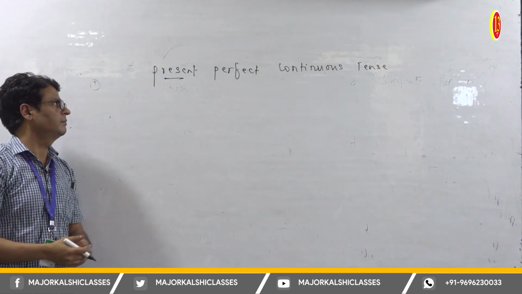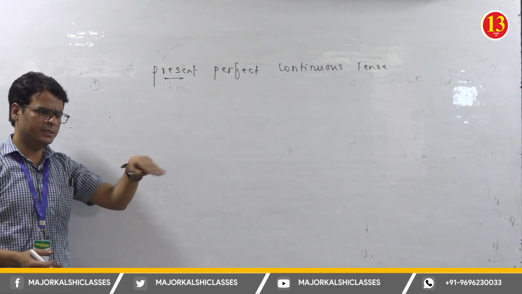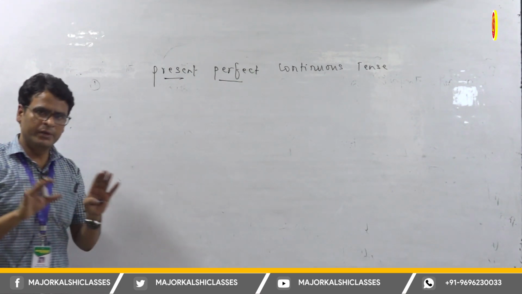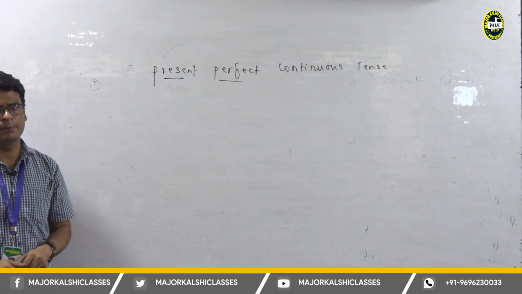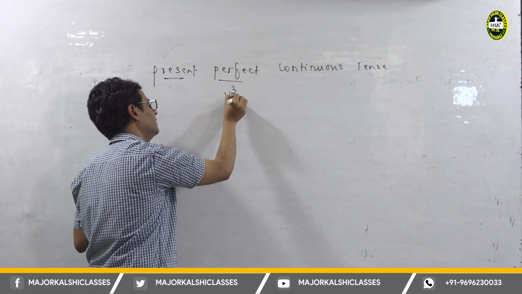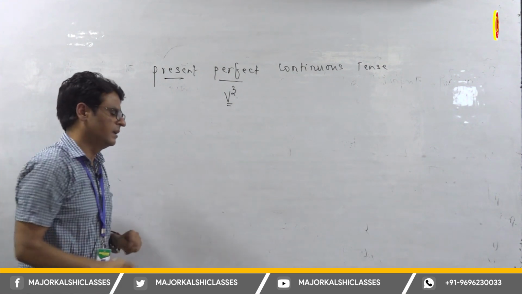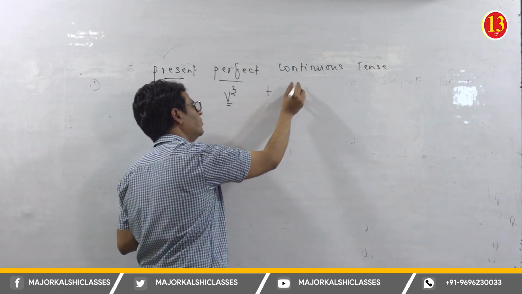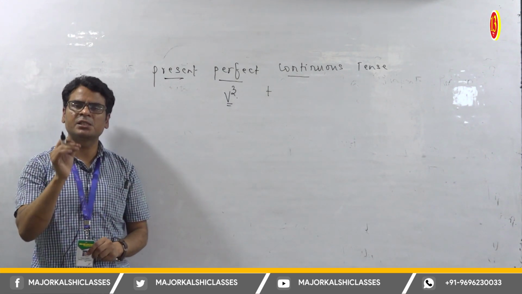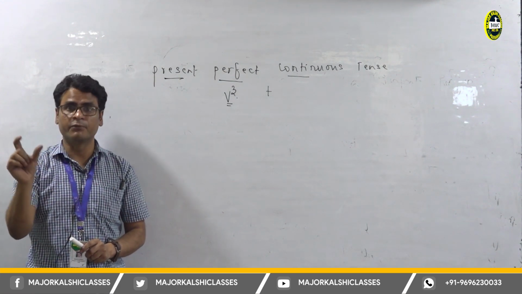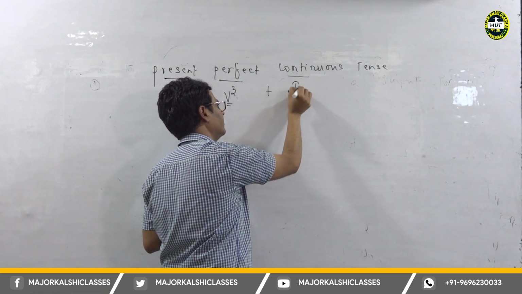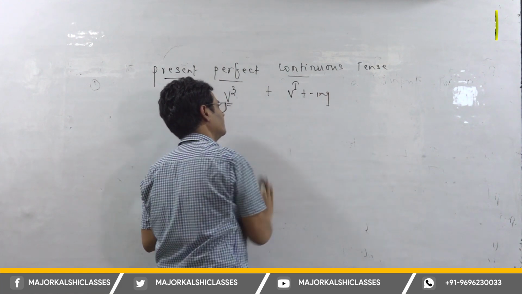We are living in the present time. Present refers to what is happening. And perfect, I taught you in the last video, wherever you find perfect, you need the third form of the verb, that is called past participle. So perfect indicates the third form. And wherever you find continuous, continuous indicates that it is going on. In order to express continuity, we use the ing form, that is called present participle. So here we need the ing form that indicates continuity.